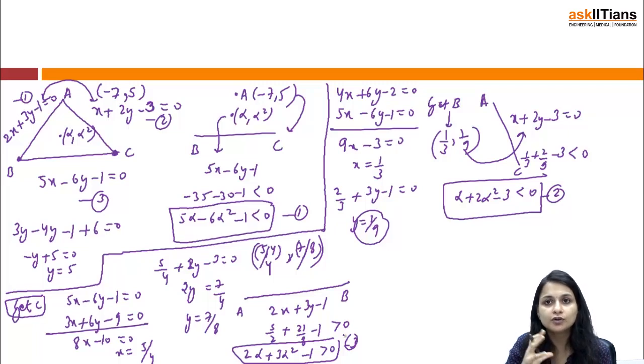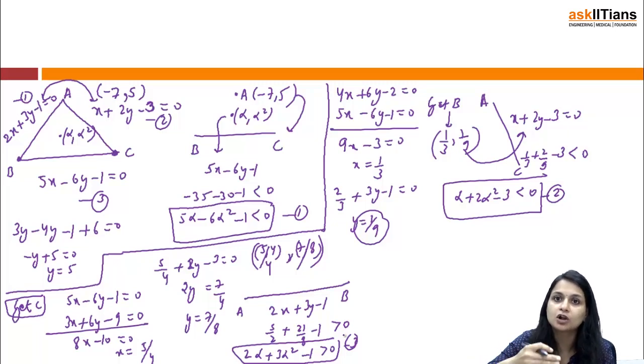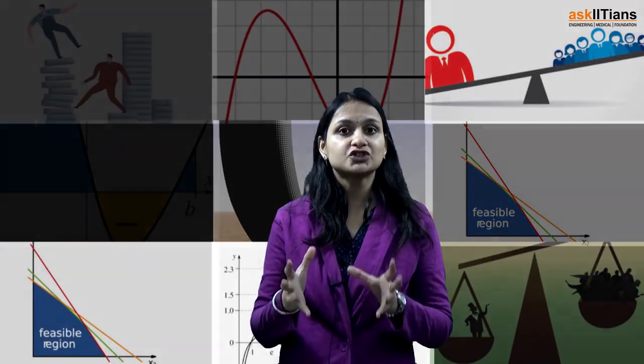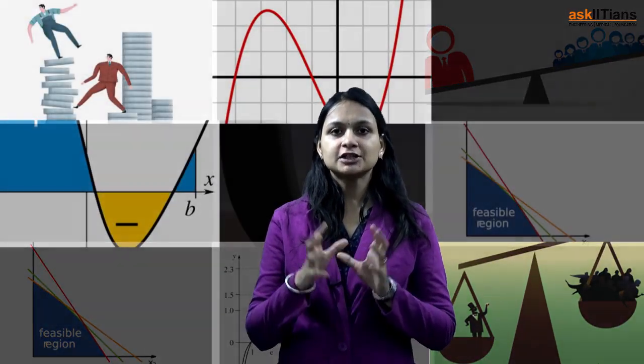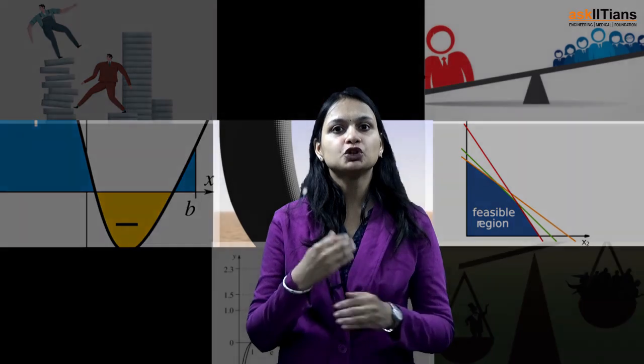The overall logic is to understand that if there is a line and some points are lying on the same side, they will always give you the same sign, and if they are lying on opposite sides, they will give you opposite signs. So this was all in the application part of system of linear inequalities. I hope now you got the clue what kind of questions can be framed in this portion wherein you have to use the system of linear inequalities.